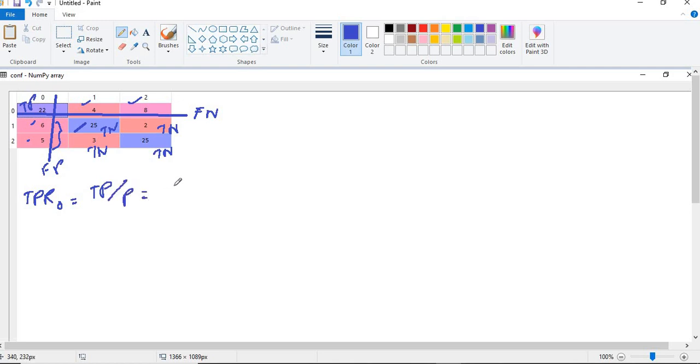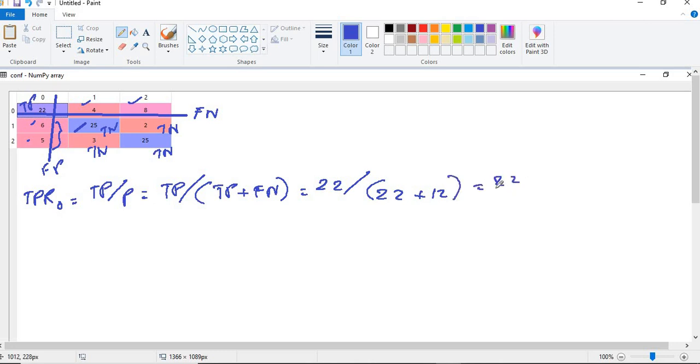Total positive is true positive plus false negative, which is 22 divided by 22 plus the false negative, 4 plus 8, which is 12. So that is 22 by 34, which equals 0.64705.